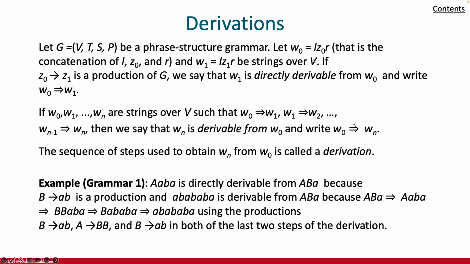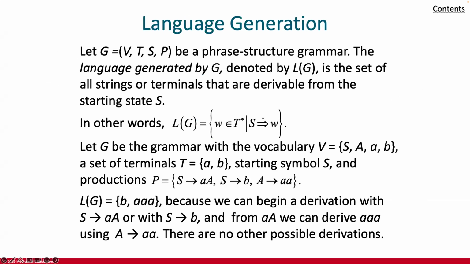Let w0 equal l z0 r, that is, a concatenation of l, z0, and r, and w1 be l z1 r, strings over V. If z0 to z1 is a production of G, then we say that w1 is directly derivable from w0 and write w0 then w1. This is just some more information about derivation that you can go ahead and review with an example. I'm going to skip over that example.